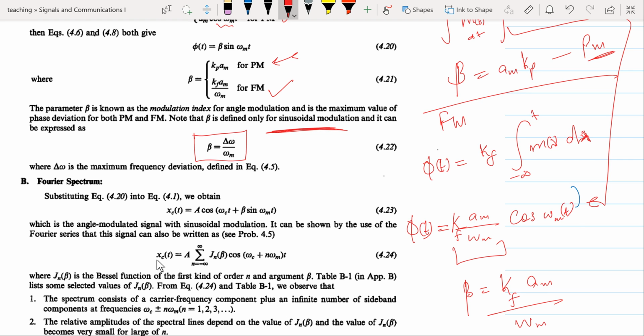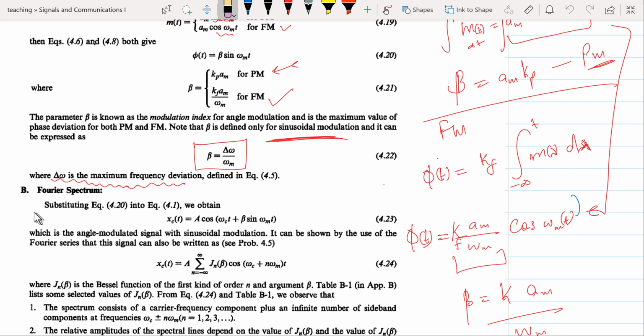And therefore, we can say that beta can be expressed as delta omega, which is the maximum change in the instantaneous frequency, divided by the angular frequency of the message. So we say that delta omega is the maximum frequency deviation that we can experience when we are doing sinusoidal modulation.